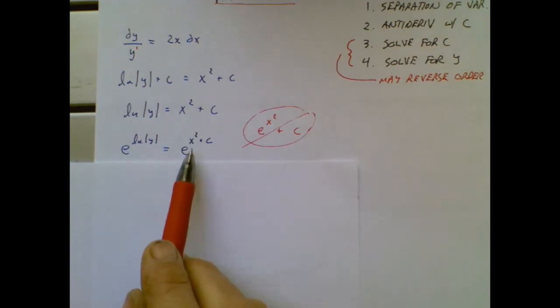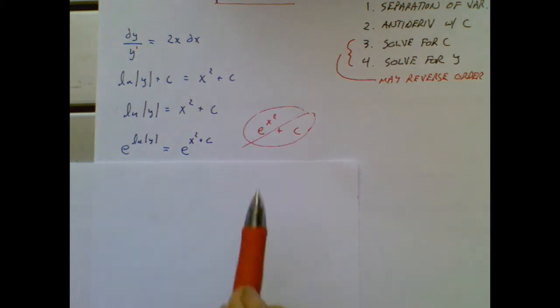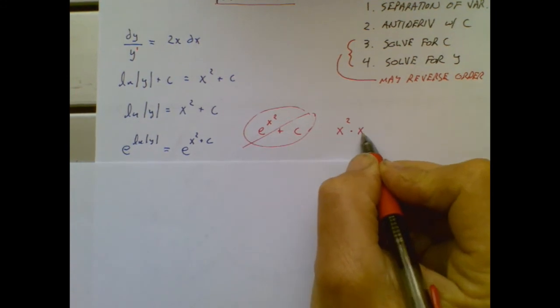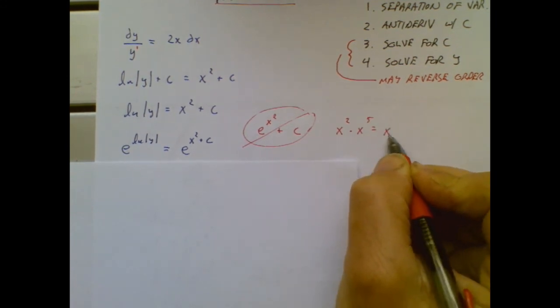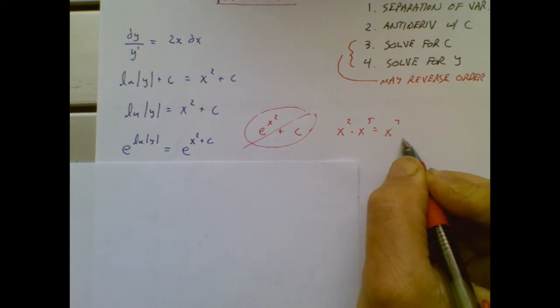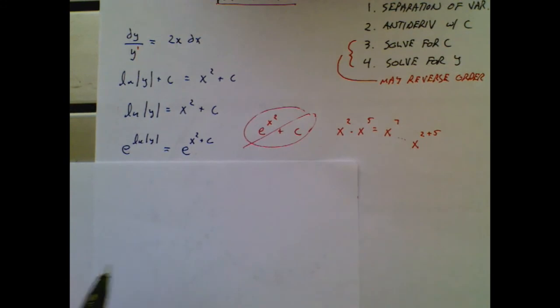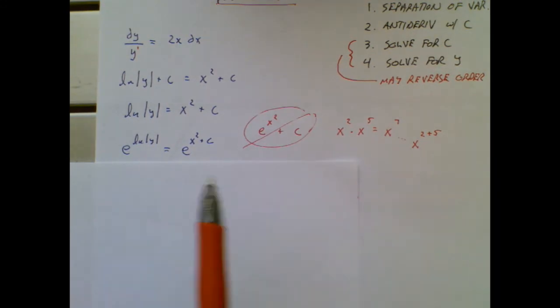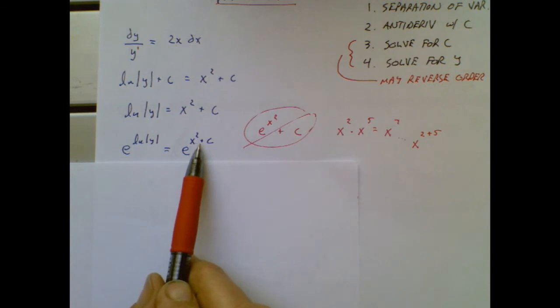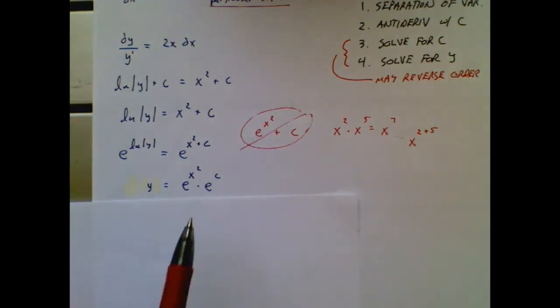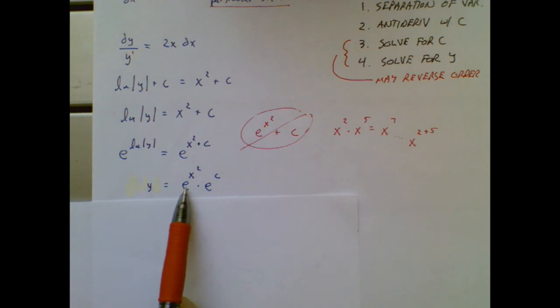Now at this point, I have some very easy algebra property that you may have forgotten about. Remember, if you had x squared times x to the 5th, you got x to the 7th, and technically what you were doing is x to the 2 plus 5. Well, we're going to do that in reverse. If I had e to two things that were added together, then I could rewrite that to look like this.